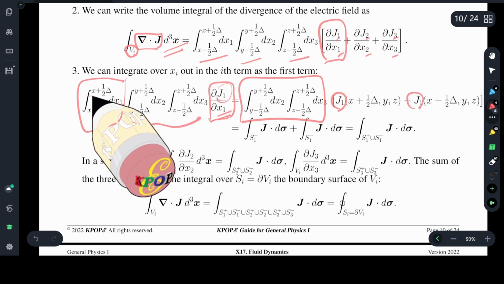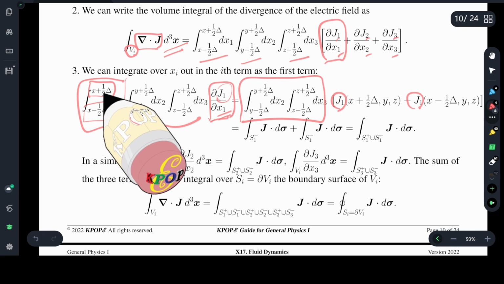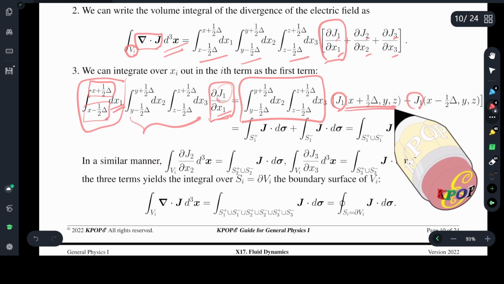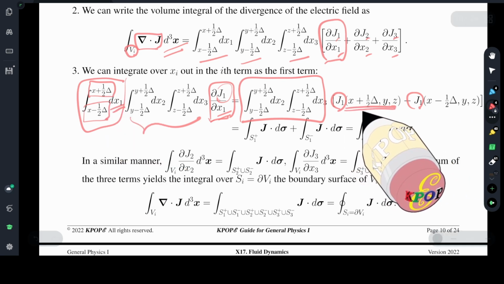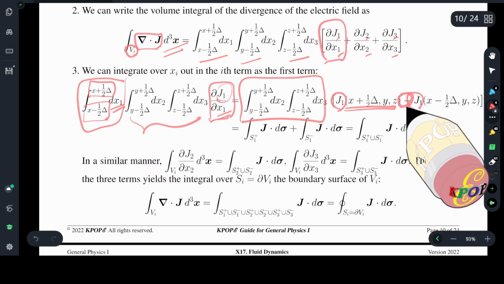However, I have to substitute the upper limit of x and the lower limit of x. The upper limit of x is substituted in here, but the lower limit should be subtracted. So it's a negative sign.